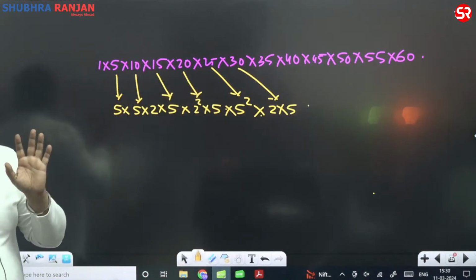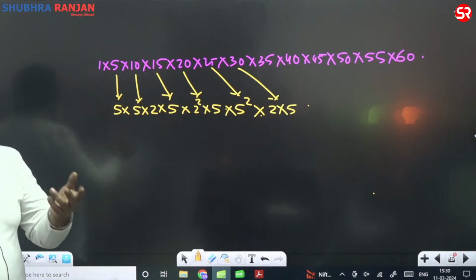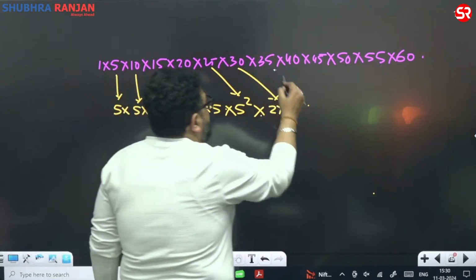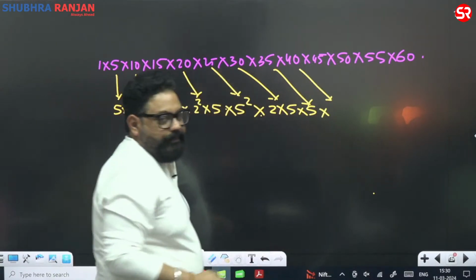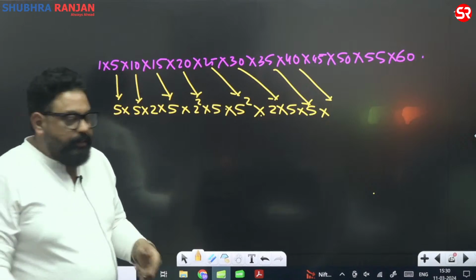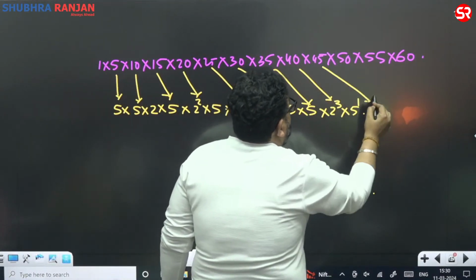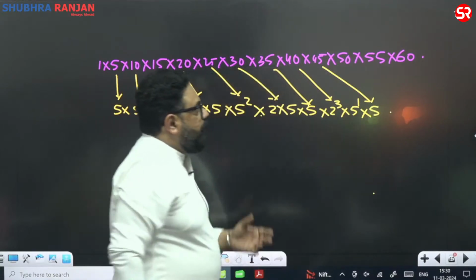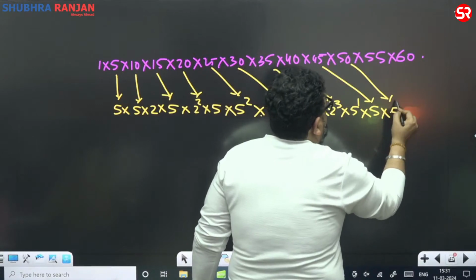Not writing the other factors, I'm not writing 3 at all because I'm bothered about 2 and 5 only. 35 has one 5, 40 is 5 into 8, so 2 to the power 3 and 5 to the power 1. 45 is 5 into 9, only 5 written.